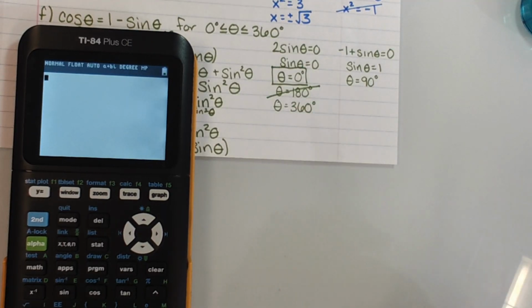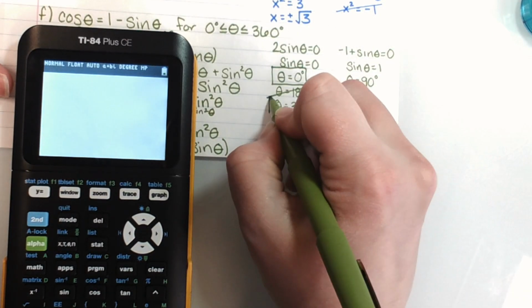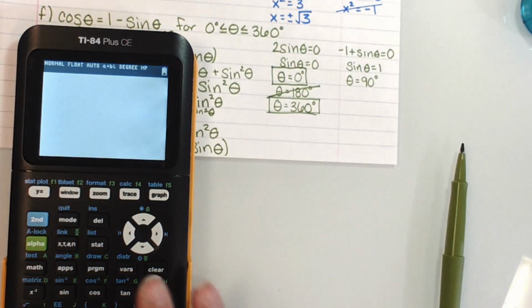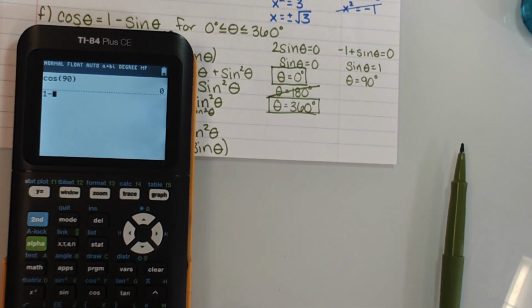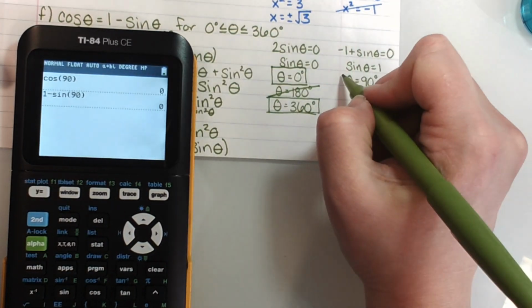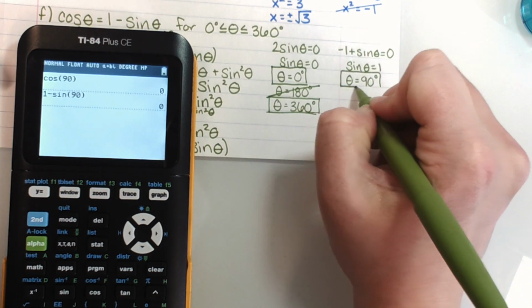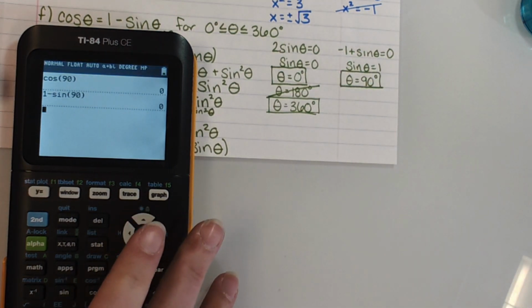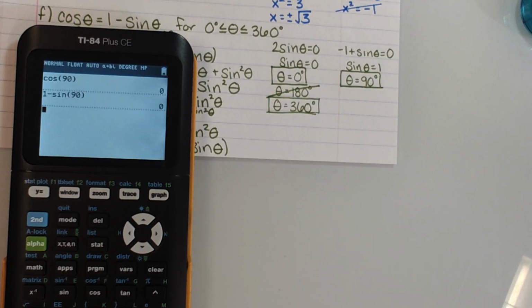It's the same location on the unit circle. Cosine of 90, 1 minus sine of 90. You get the same answer on both sides, you're good. But you should check for extraneous solutions anytime you square both sides of the equation.